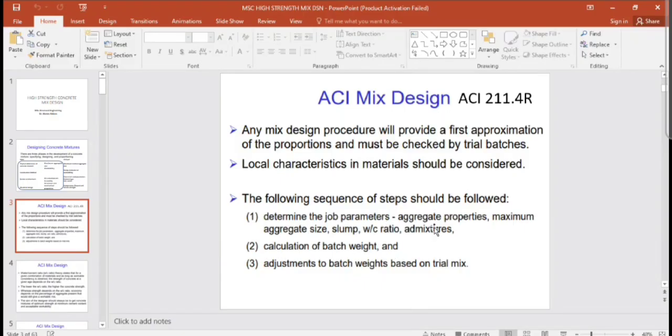Either you are going to use an admixture or not, so this must be defined right at the start. Once you are going to prepare the mixture, you do the calculation of the batch weight, and then you do the trial batches. After the trial, you adjust them. So this is the three-step procedure if you go for the mix design.